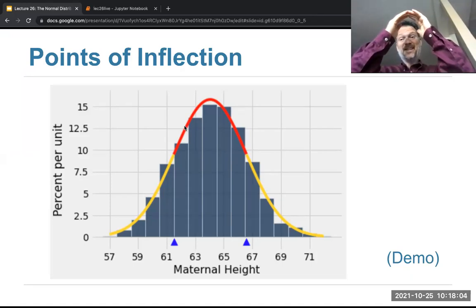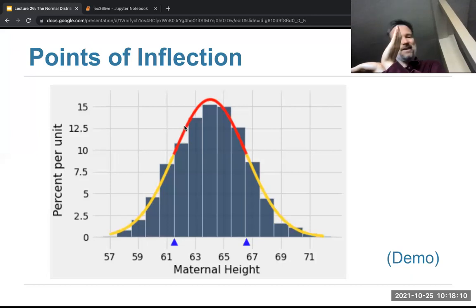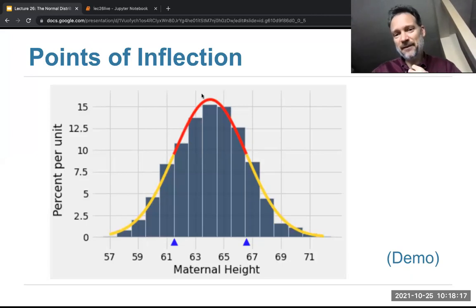In other words, like a teacup turned upside down. And there are some regions where it's forming like this. It's like it's opening to the sky like a satellite dish. And the point of inflection is the point in between where it switches between those two.